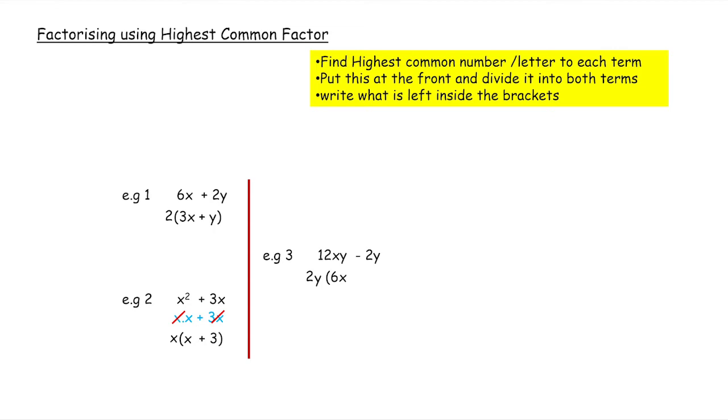Minus 2y divided by 2y leaves us with minus 1. C squared plus c. Our common factor is c. C squared divided by c leaves us with c, plus c divided by c leaves us with 1.